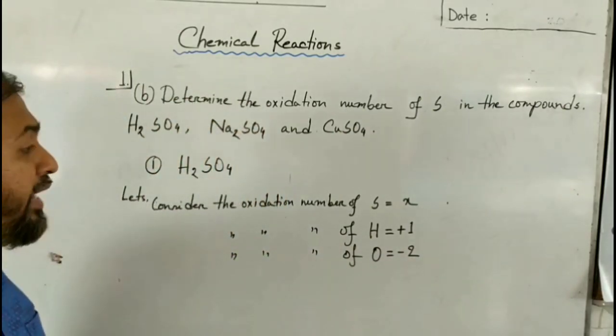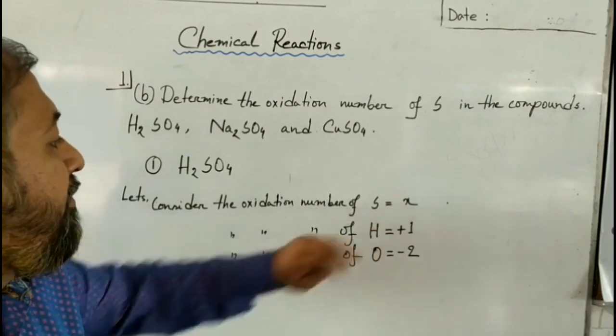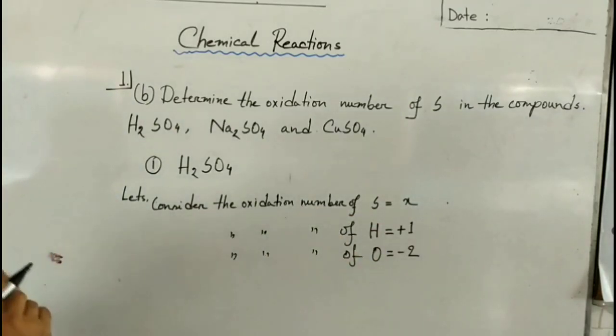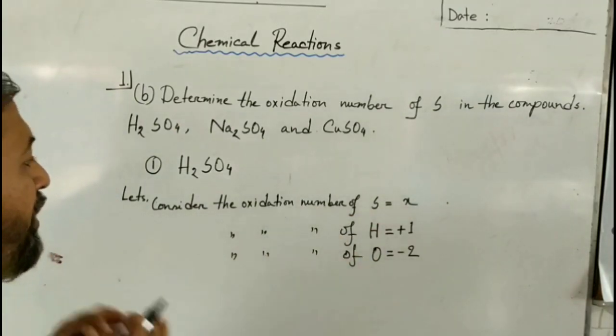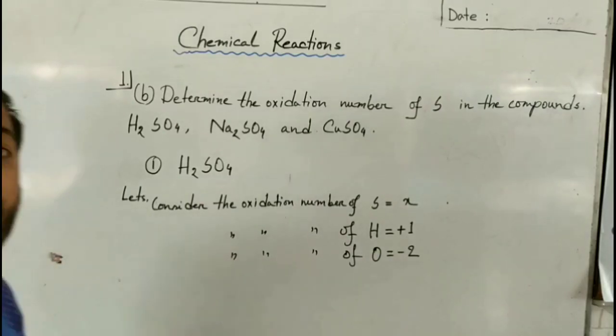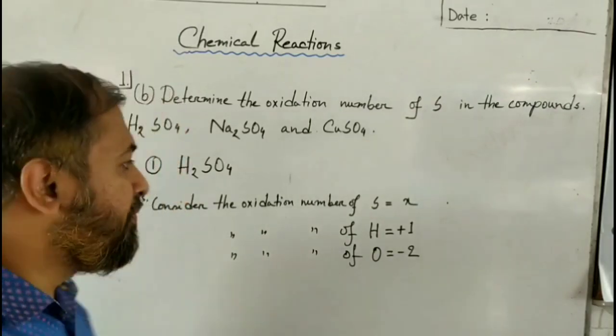Now we are going to calculate the oxidation number of sulfur. As sulfuric acid is a compound, we know the total oxidation number of a compound is 0.